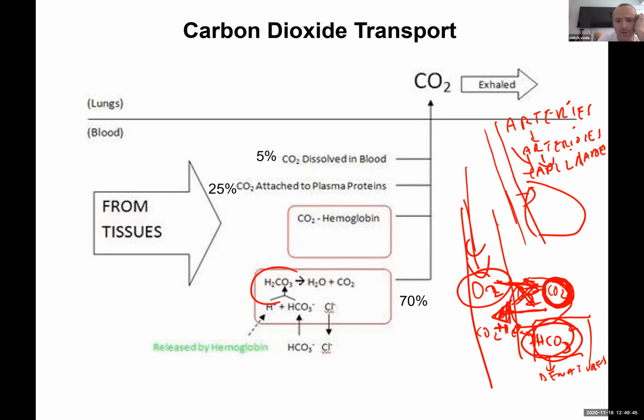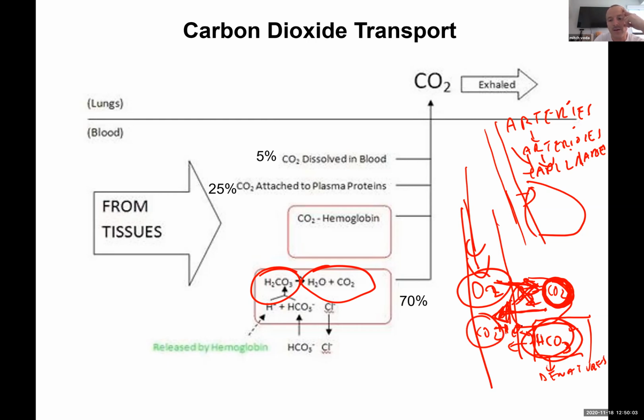Oh, you can see it right here. Water plus carbon dioxide turns into carbonic acid. Now, what's going to happen? Basically, this hemoglobin gets partially denatured, so it's not capable of picking up the carbon dioxide.